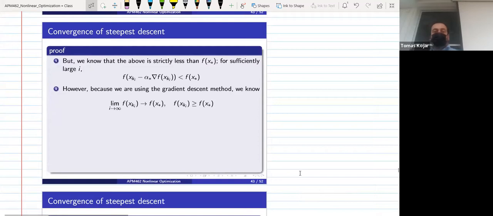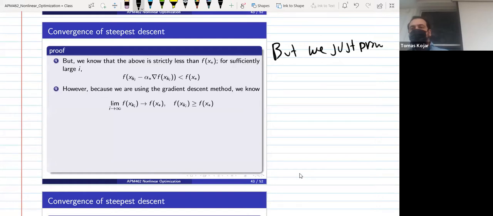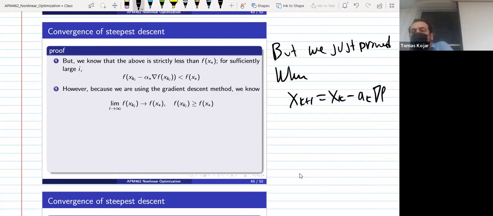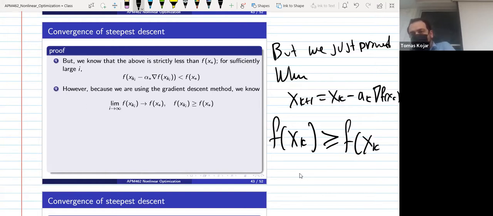So now let's go back to our previous result. We proved that gradient descent decreases: when xk plus 1 is equal to xk minus ak gradient of f of xk, then f of xk is bigger or equal than f of xk plus 1.